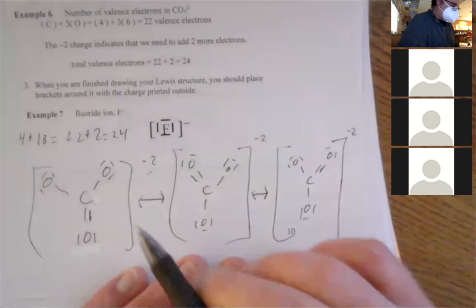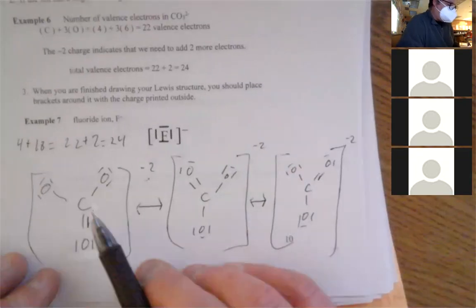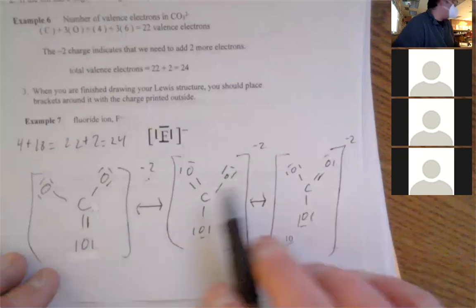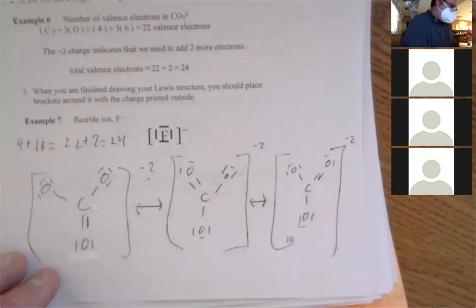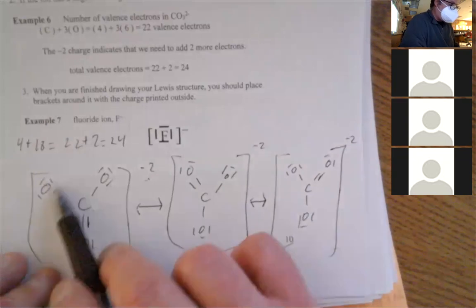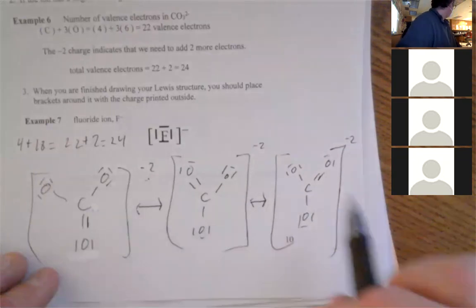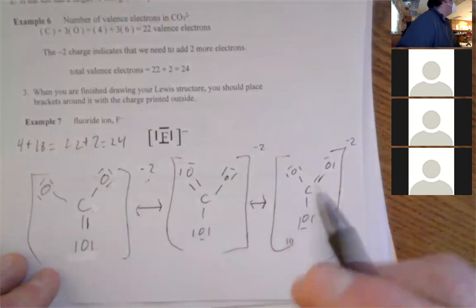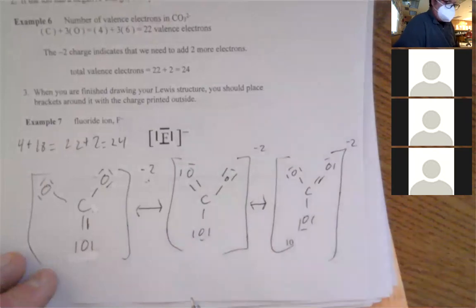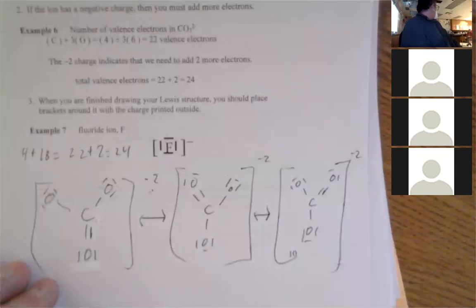That's resonance. Basically, what resonance is saying is that double bond could be between any of those. In reality, those electrons are going like a ceiling fan. They're moving and they're switching and they're changing anywhere they can go. That's called a delocalization of electrons.